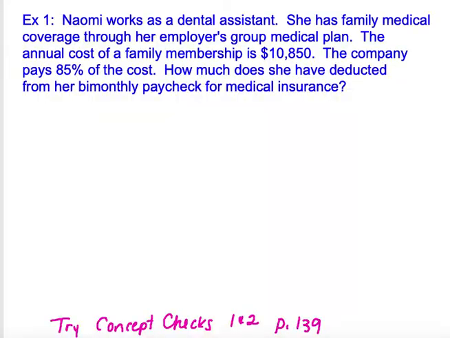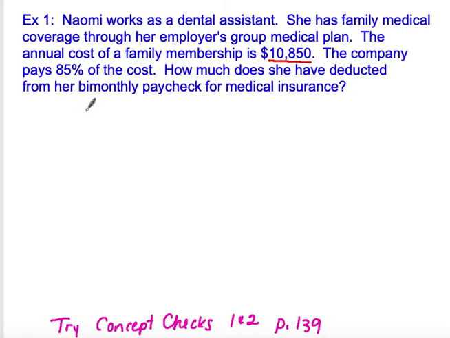Okay, so let's look at our first example. Naomi works as a dental hygienist. She has family medical coverage through her employer's group medical plan. The annual cost of a family membership is $10,850. The company that she works for pays 85% of that cost for her. So how much does she have to have deducted from her bi-monthly paycheck for medical insurance? So here's what we're going to do.